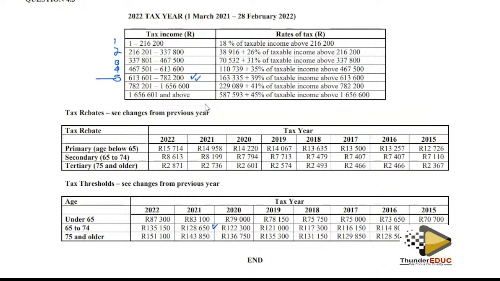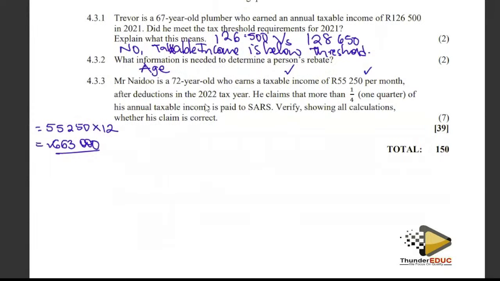So what do we do? We pick the calculation on this other side for bracket number 5. It starts with 163,335 plus 0.39. 0.39 comes from the 39% of the taxable income above.